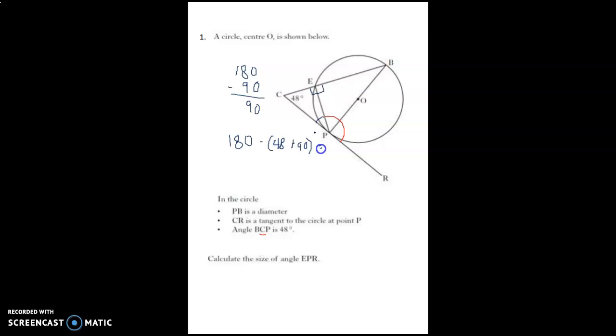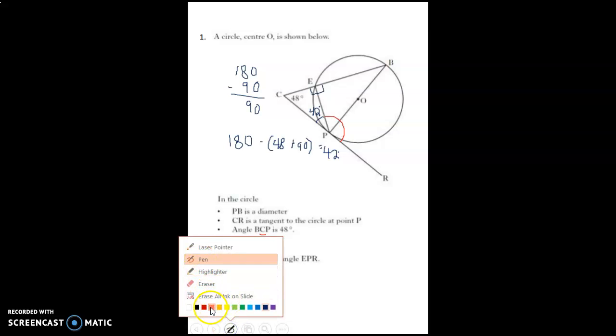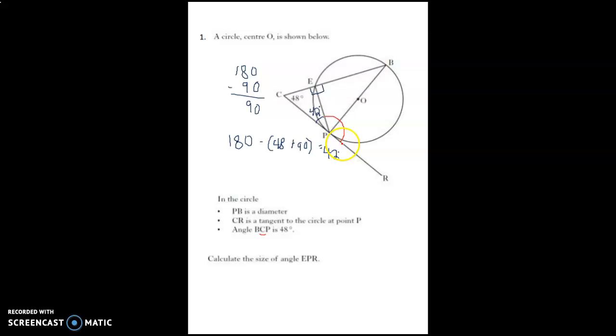Now when I do that, so we're going to go 180, 48 plus 90, and I'm going to get 42. So this angle that I've just worked out in this right angle triangle is 42 degrees. And I need the red angle, so in order to get that red angle, well, we notice that it's a straight line. So here, please make a straight line.